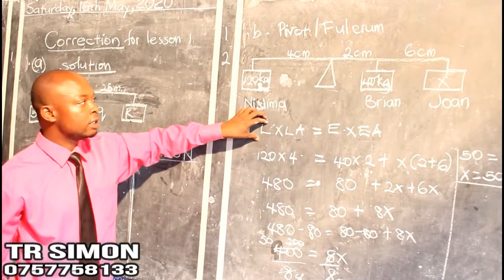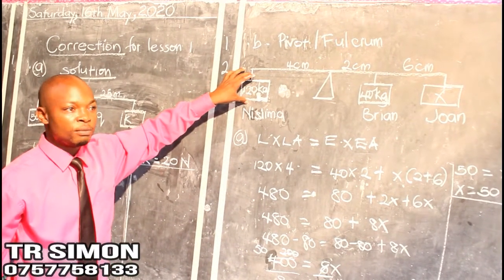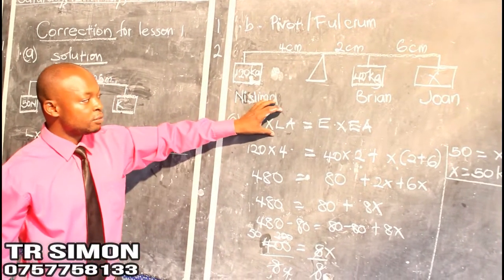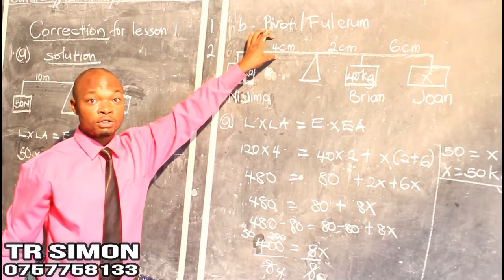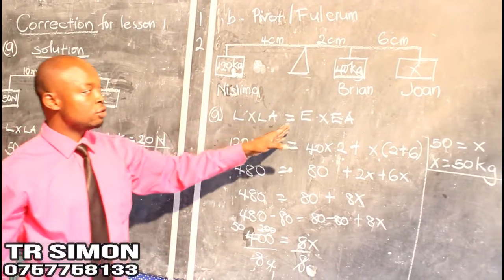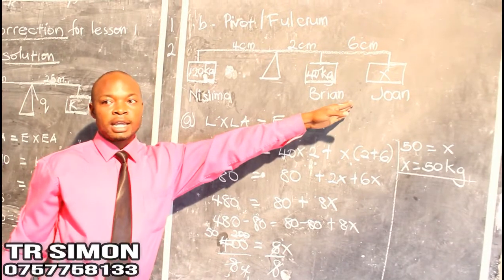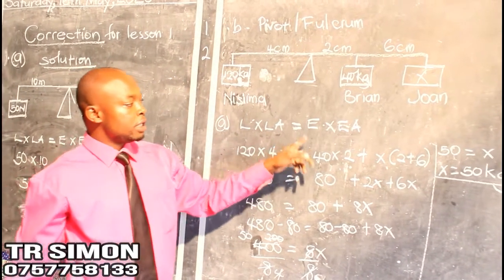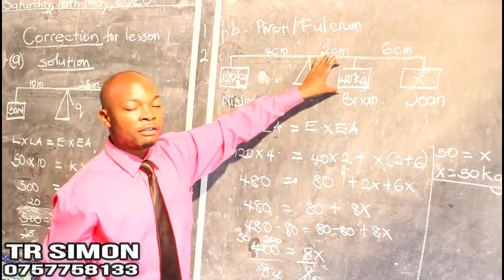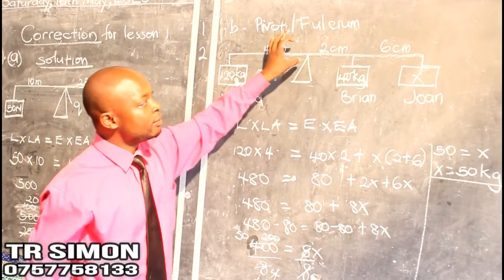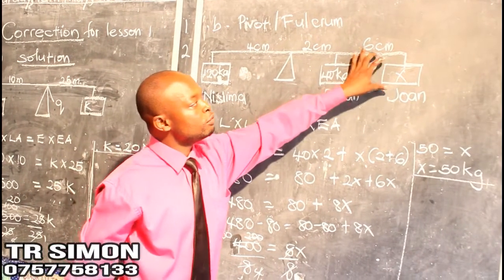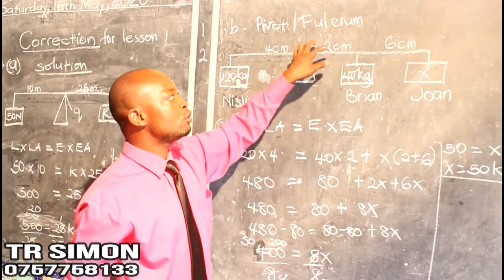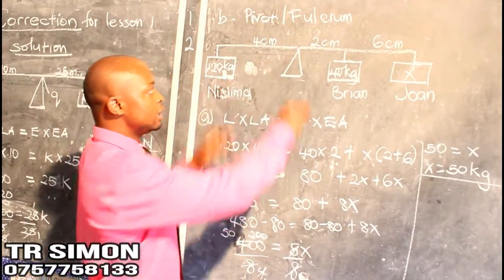We have got the load on the clockwise moment, where we have 120 kilograms multiplied by load arm, which is 4 centimeters, yes? It is going to be equal to the anti-clockwise what? Moment, which is 40 for the first part of it. Remember, Joanne should move from this distance, 6 centimeters, and also 2 centimeters to reach the pivot.